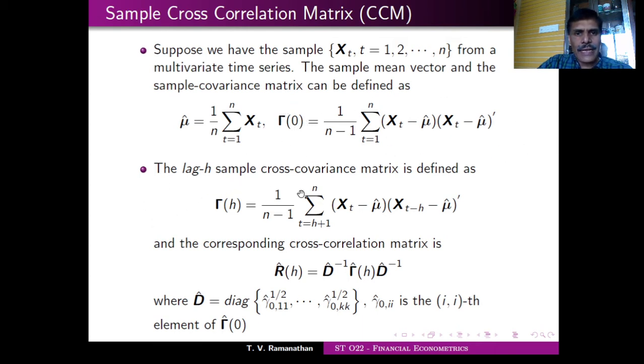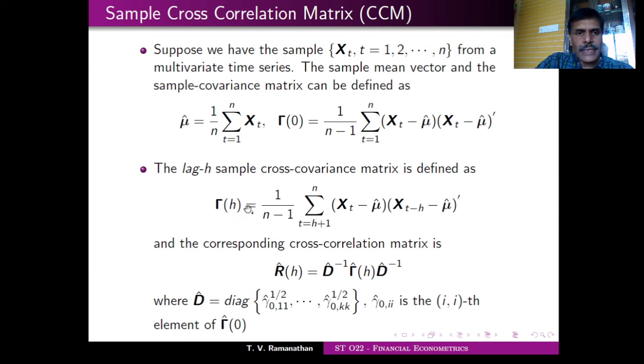And the lag h sample cross covariance matrix, in the sense that we have learned the definition, now I am suggesting an estimator. So I replace these two with the hatted versions here. That's an estimator. From the given data, we are estimating them. So this is gamma 0 hat, and this is gamma h hat.